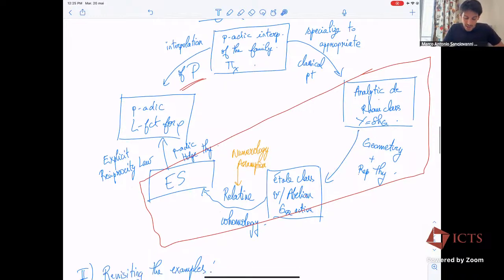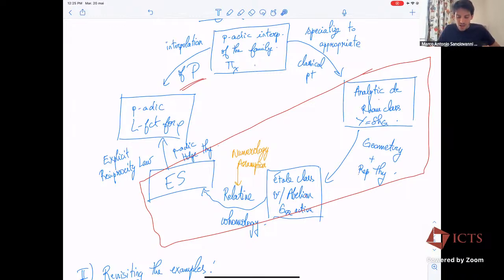And then the p-adic interpolation and the evaluation at two cusps was done by Katz, and even before, in maybe a less axiomatic way, by Serre.